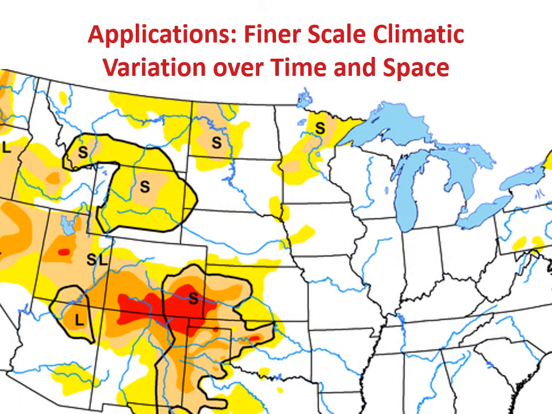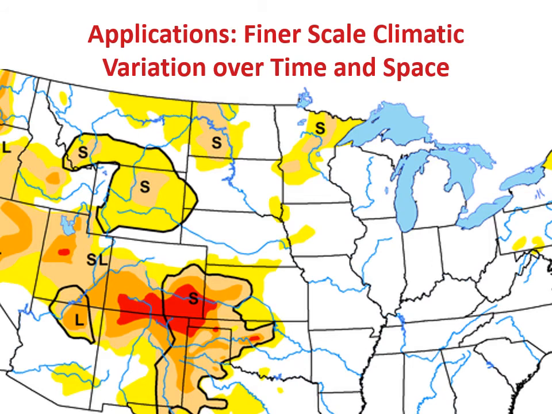If you flip back in your chapter, or if you're online, go to the applications section of your chapter, which is right at the very end. It's after section 2.3, but before the summary and review questions. There's an application called Finer Climatic Variation over Time and Space, and it talks a little more about microclimate and temporal changes as well.